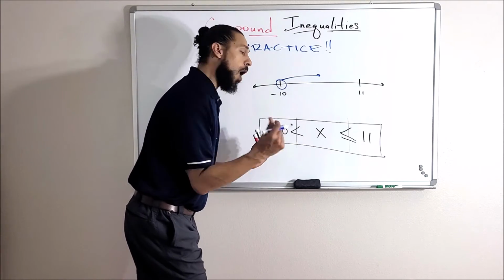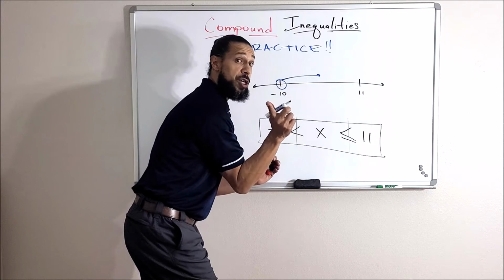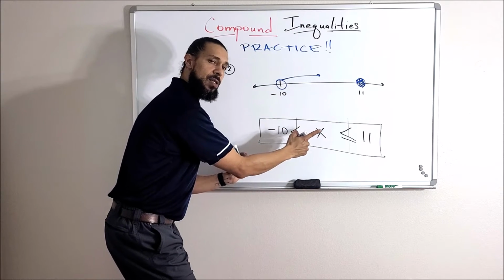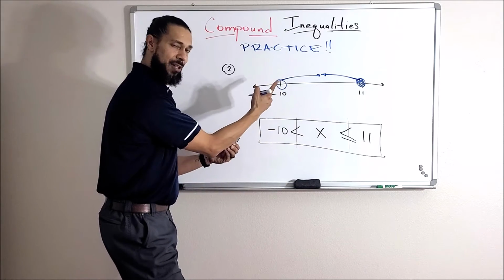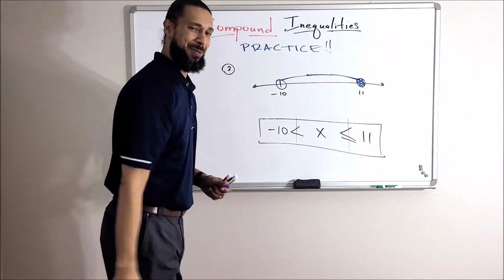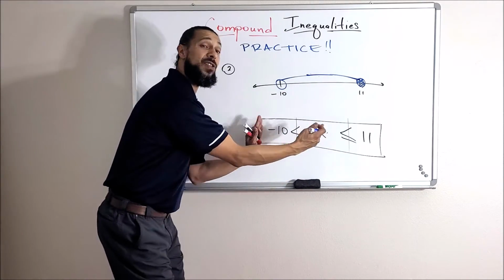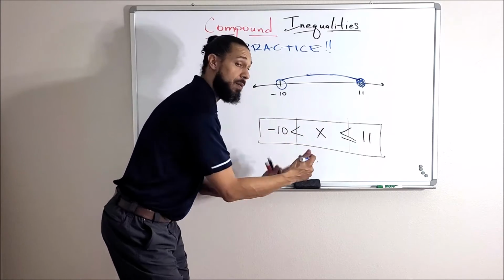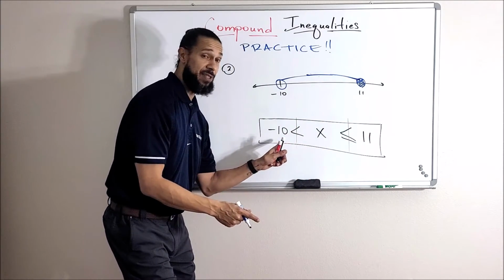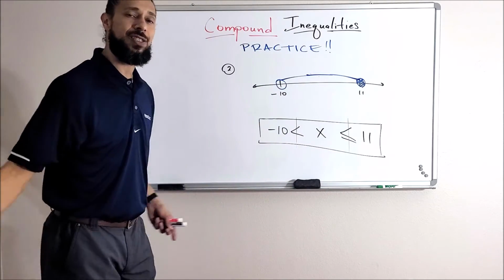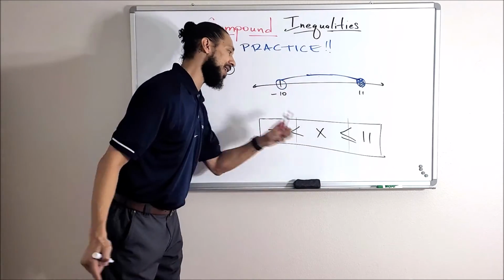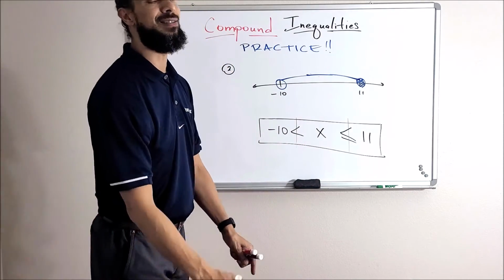And the other inequality, x is less than or equal to 11, so that means we're coming back this way. What did we say to do with these arrows? Bridge them. This is the range of numbers in between, but not including -10, but including 11. That's what a conjunction looks like. That's what an and statement looks like. That's what this compound inequality looks like.